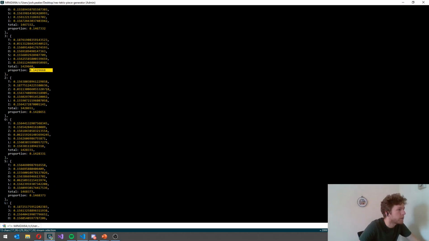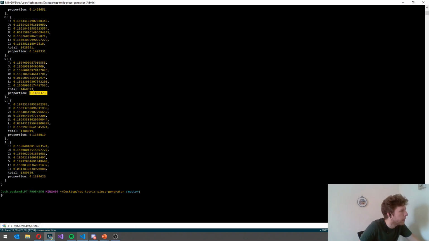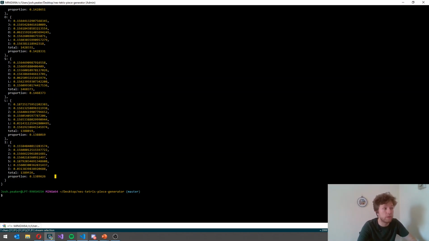The J appears 14.29, Z 14.28, 14.28. The S is appearing slightly more often as well, which I believe is what we said, and then the L and the I appear slightly less often. So it's clear that is what happens. They are not equally distributed pieces. There are very, very small changes.